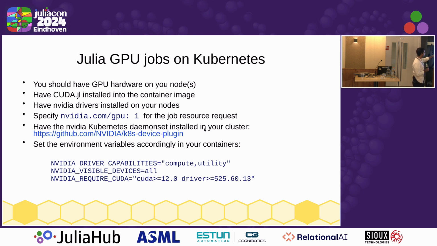You also need this NVIDIA plugin that's freely available on GitHub, installed on your cluster. And finally, some environment variables that need to be set. So I had to just go through this to make GPU work, so I thought I'll just mention this in case it's useful for anybody else.